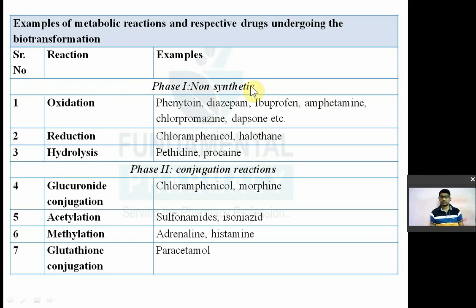Phase first reactions are known as non-synthetic reactions: oxidation, reduction and hydrolysis.